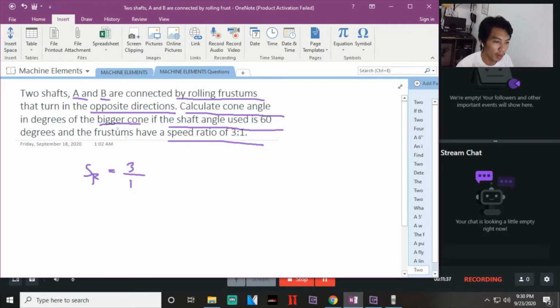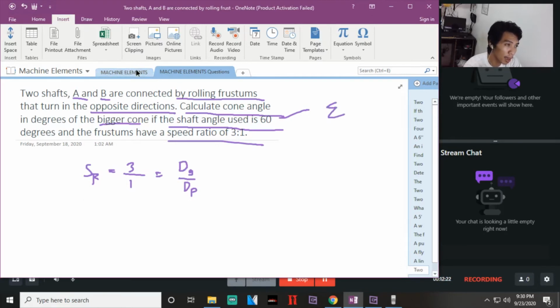Okay, so resuming our discussion, i-recall lang natin. Kapag tinatanong dito na calculate the cone angle in degrees of the bigger cone, tignan nyo yung SR niya. Mas matulin yung nasa taas, ibig sabihin, this will be mas maliit diameter ni gear over diameter ni pinion. Given si SR, given si shaft angle, ito si sigma.